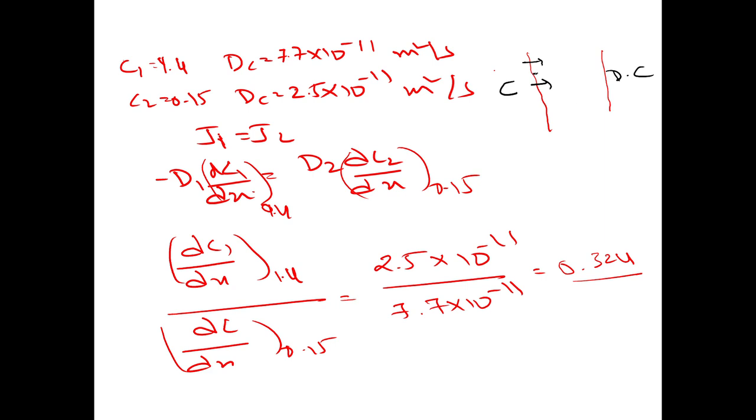That's why it is diffusing like this. So the diffusivity value is lesser here. The atom is diffusing faster on one side and slower on the other because the diffusivity values are different.